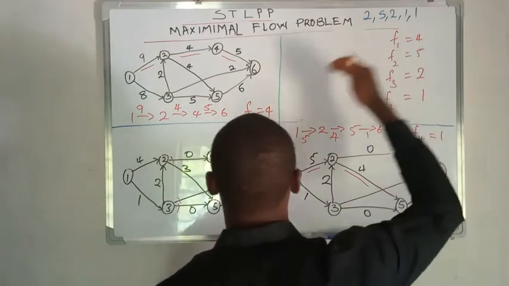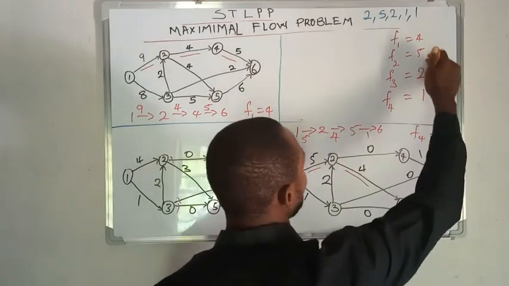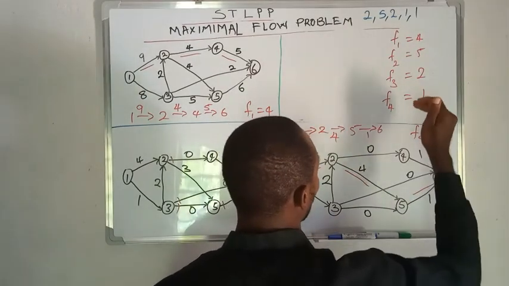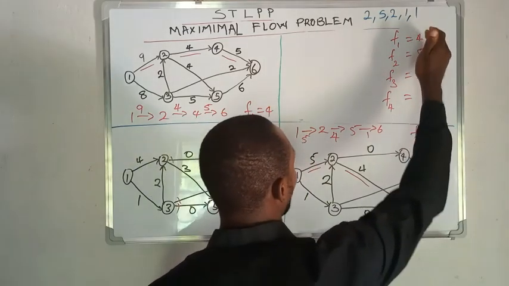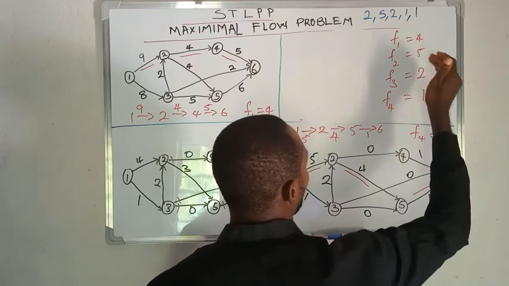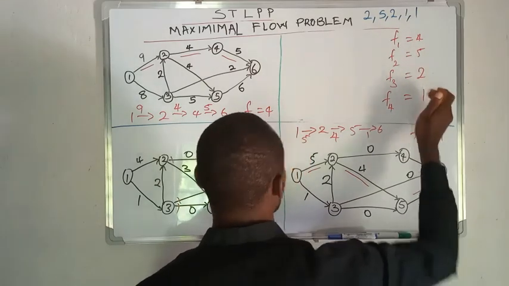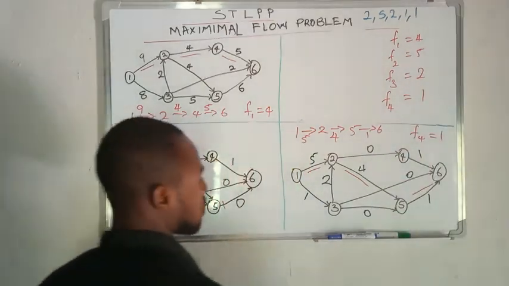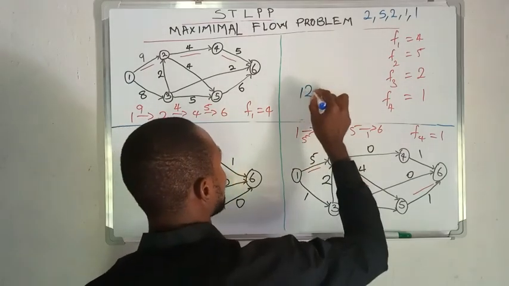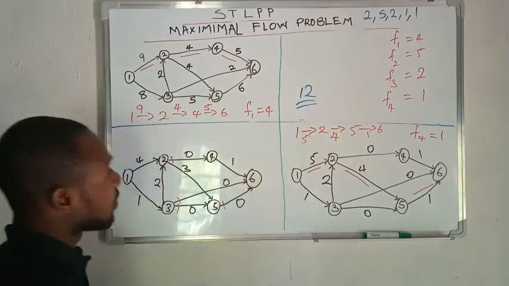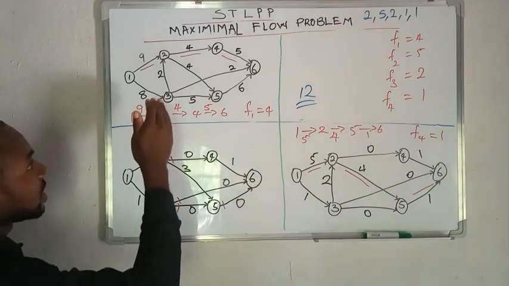Right here we have F1 is 4, F2 is 5, F3 is 2, F4 is 1. So we add them up together: 5 plus 4 is 9, plus 2 is 11, plus 1 gives us 12.